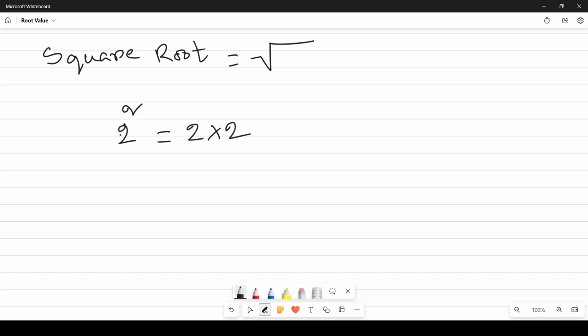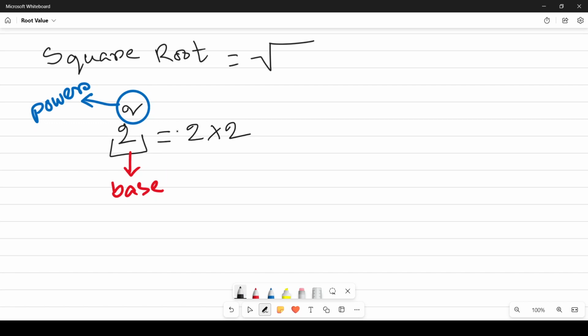That's why this one is called base, and this top thingy is called power. So these are basically bases and powers.